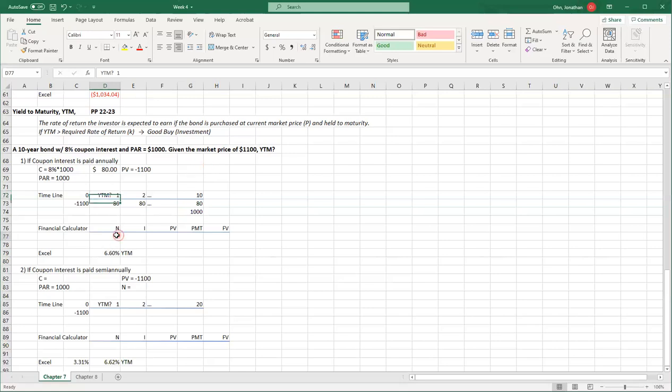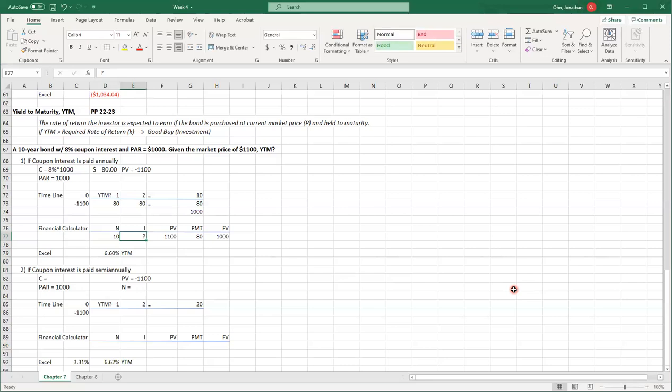If you use a financial calculator, look at this: 10 for N, I is the question, right? Then present value is minus 1100, payment is $80, and $1,000 is the future value. Now, given all this information, you are asked to calculate I.